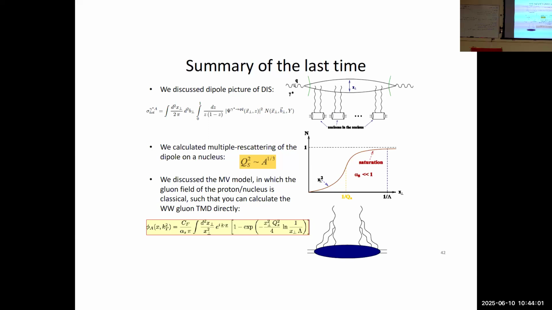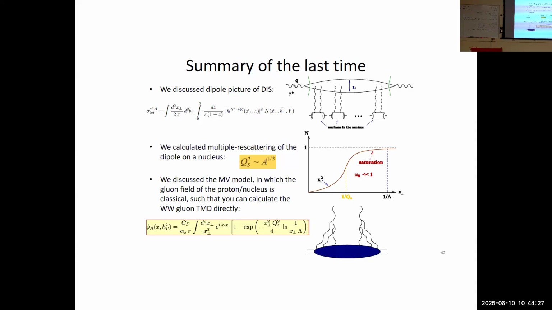So we said, okay, but if we have many of those nucleons, any of the nucleons can interact. In fact, there was a caveat that gluon exchanges are short-range exchanges, so only the nucleons along the path of the dipole can interact. And there's on the order of A to the 1/3 of them. So this is what the explicit calculation showed in the end.